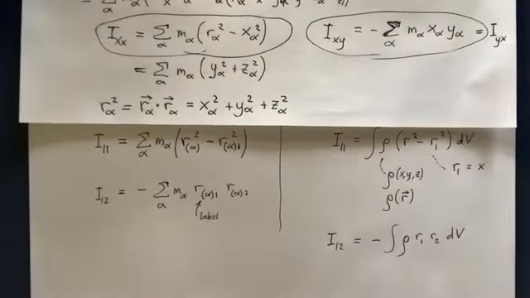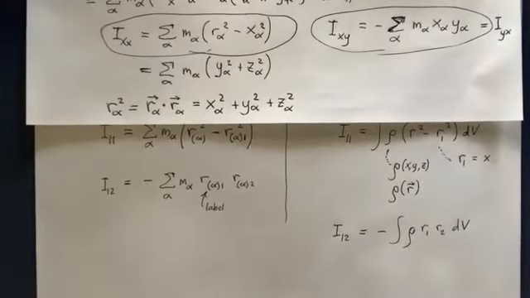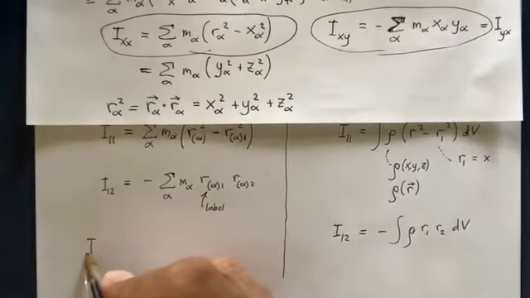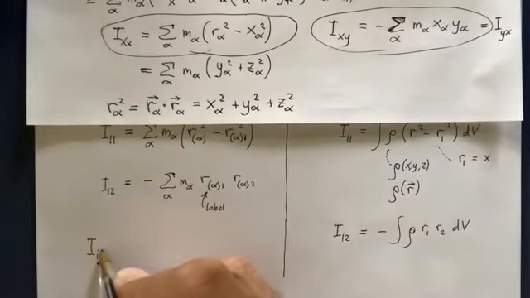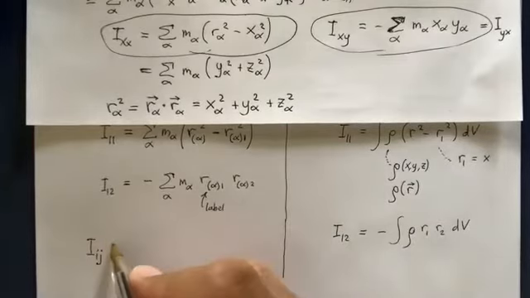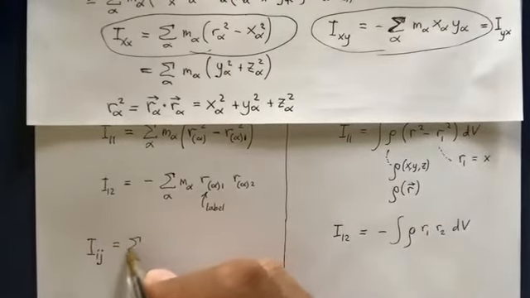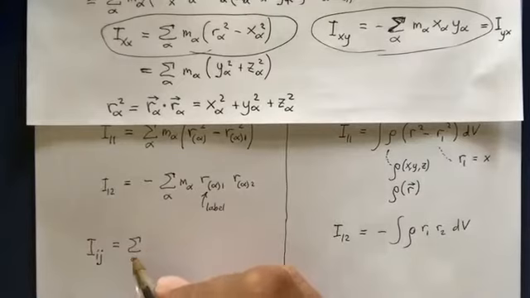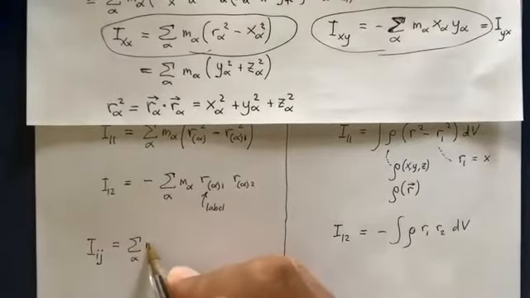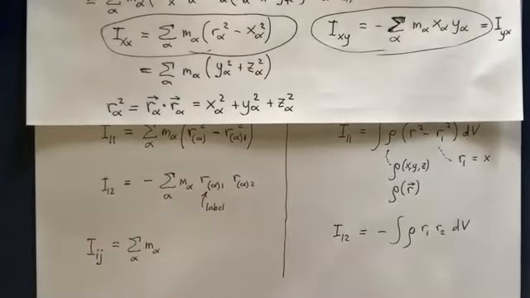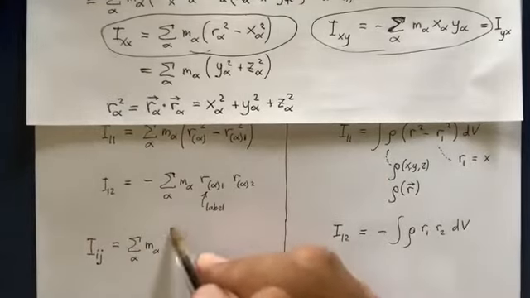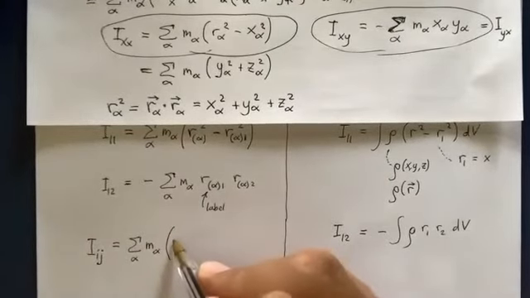Now let's see how wonderful this new notation is. We can write down the entire tensor here like so. Okay. We are summing over the particles. There's the mass of the particle alpha. And now we have this nice construction.